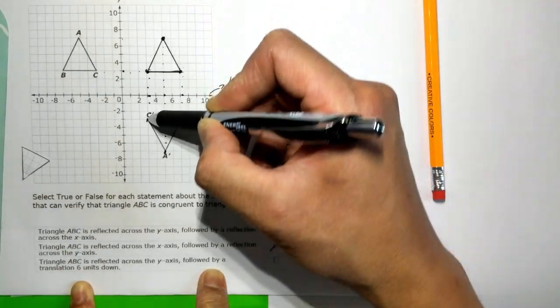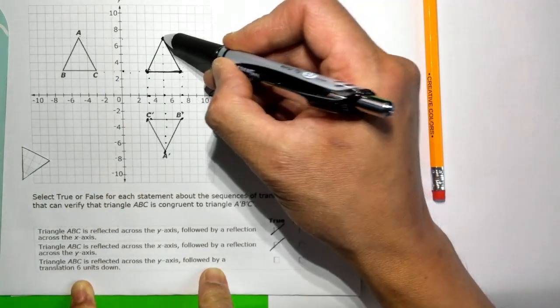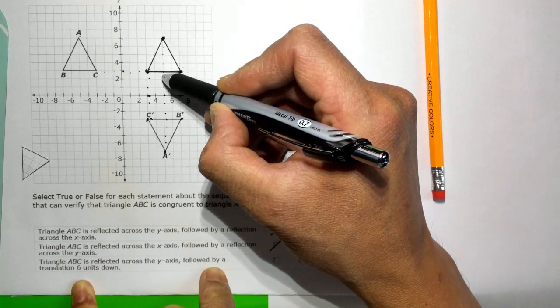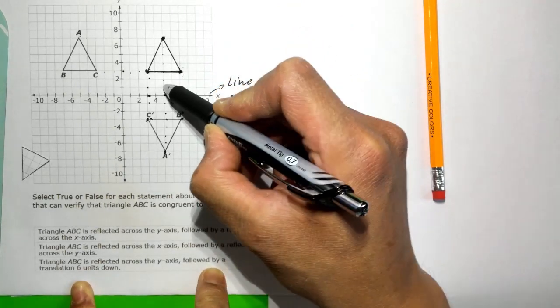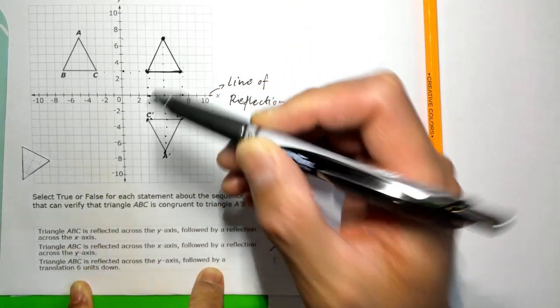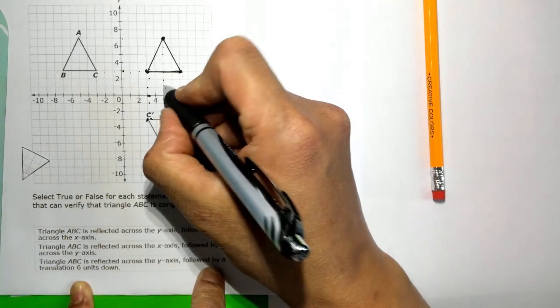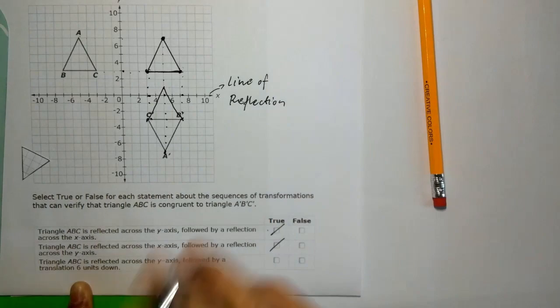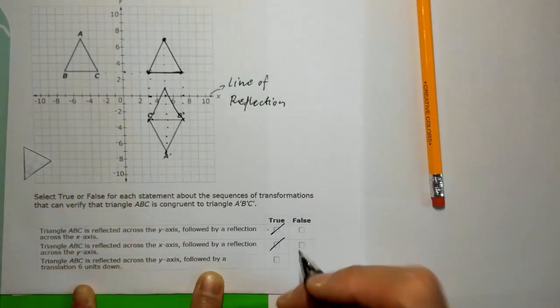The same thing with this one: 1, 2, 3, 4, 5, and then 6. As you can see, the triangle will be somewhere right here. So therefore the last statement is false.